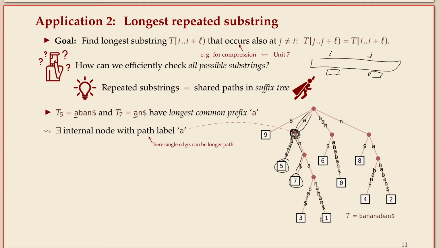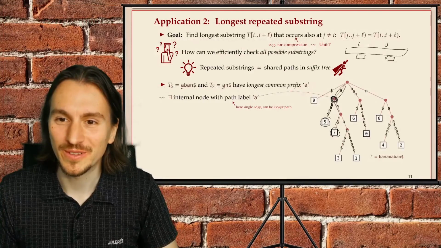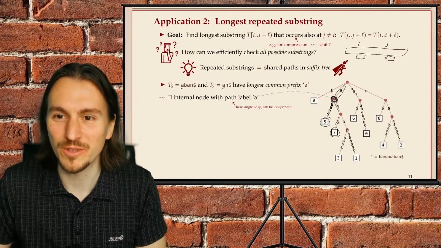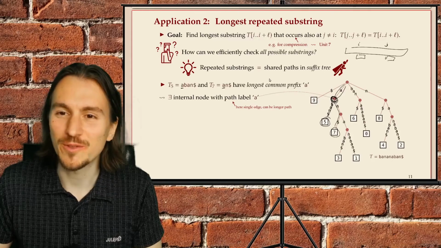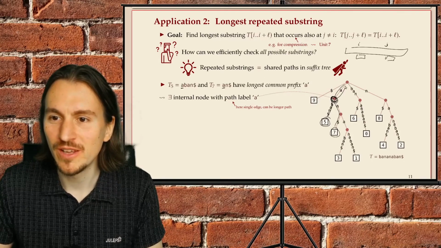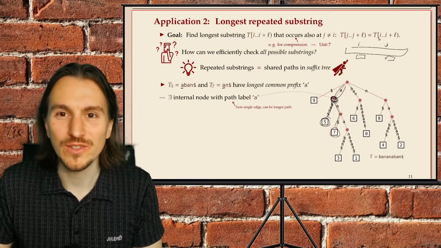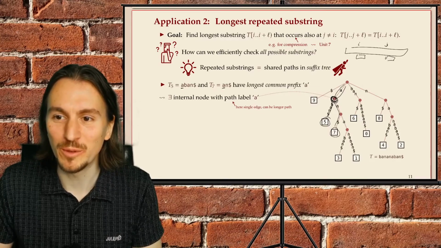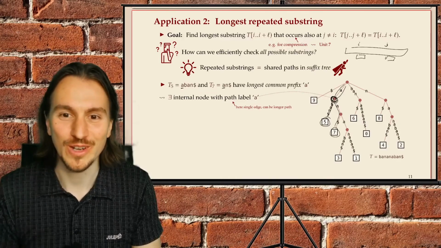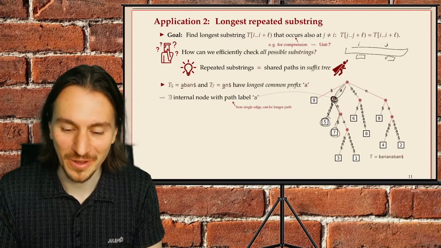If you take 3 and 1, then they would share ana all the way down here, and you would have a longer path to the last common ancestor. So this is in general true. If you have repeated substrings in a text, that will mean there are shared paths in the suffix tree. And if there are longest such shared substrings, there will be an internal node in the suffix tree corresponding to this longest shared repeated substring.